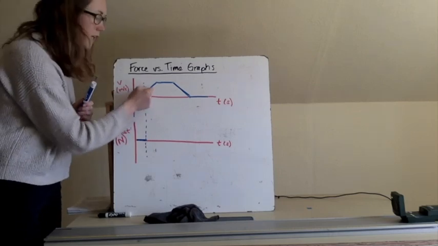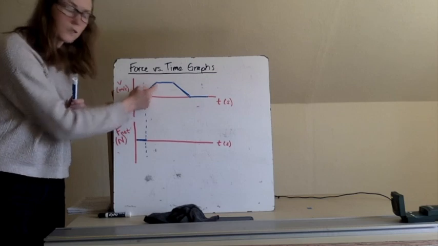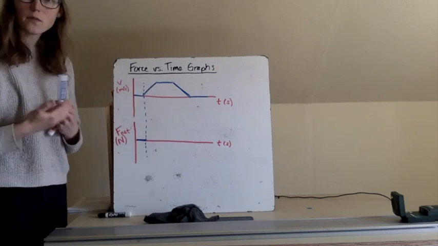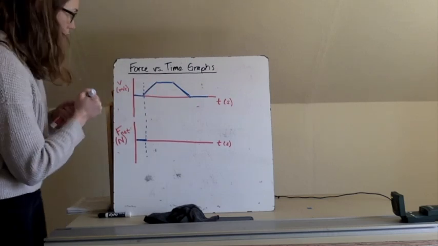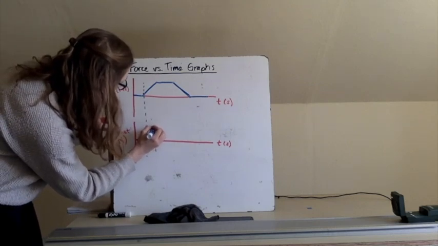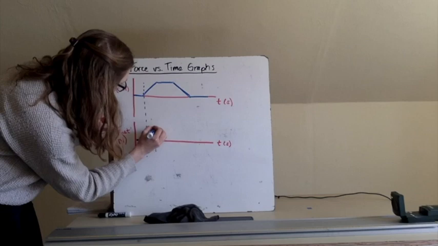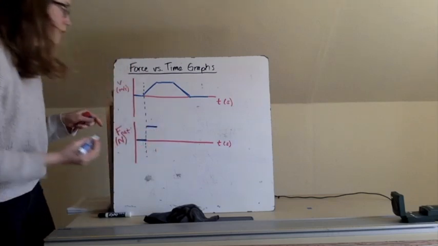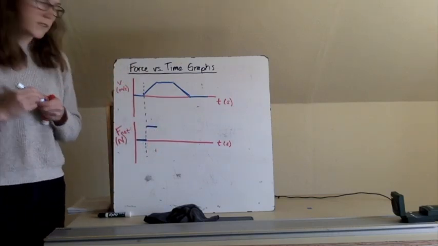And if it's a constant change in its velocity, so this is linear, that means we just have a constant force. So our force is going to be just a flat line somewhere in the positive quadrant of this force time graph.